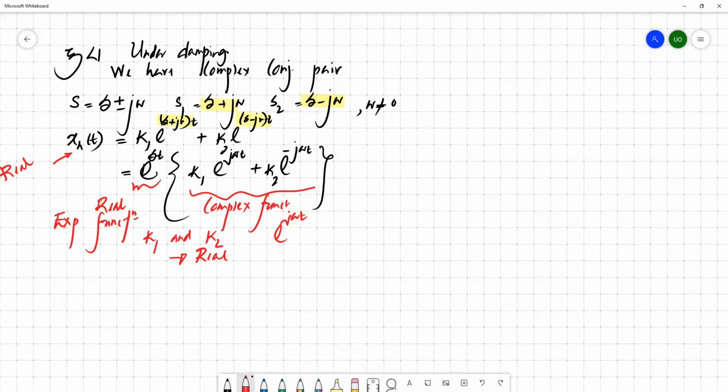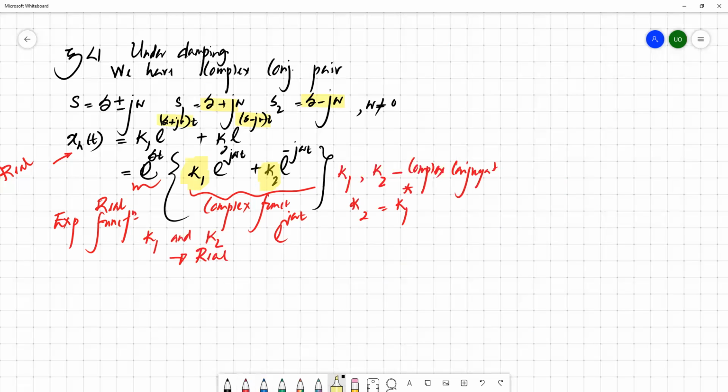So we have to define these two values, k1 and k2, to make this entire block a real number. The only option to make this entire block real is for k1 and k2 to be complex conjugates. Only if k2 is k1 conjugate can we make it a real function.